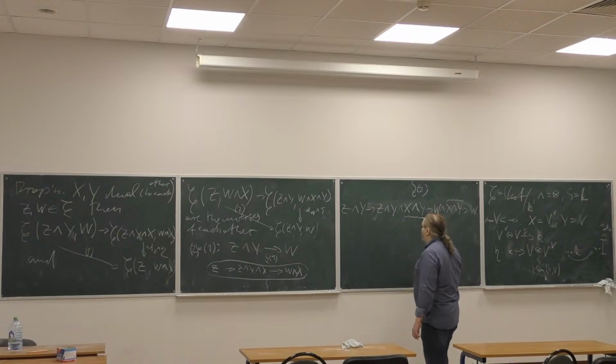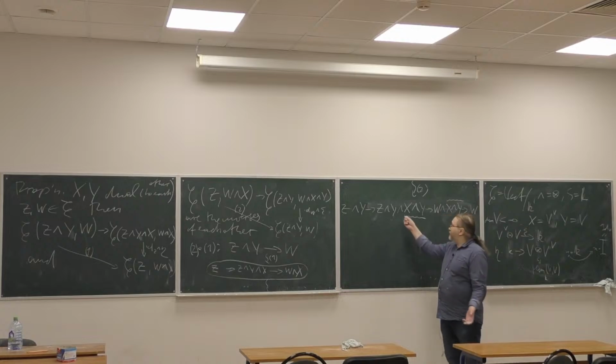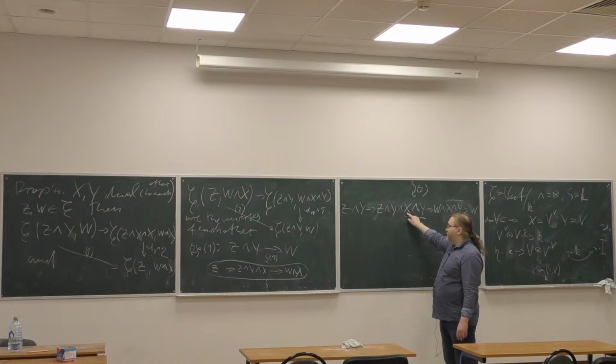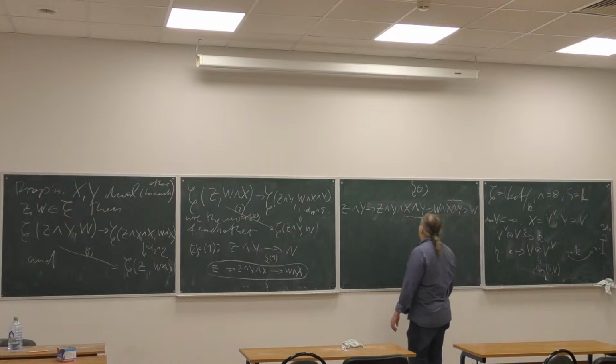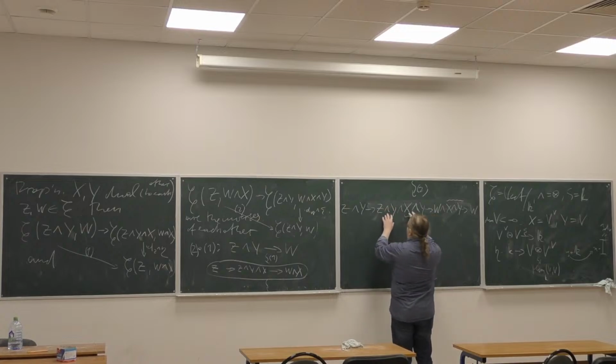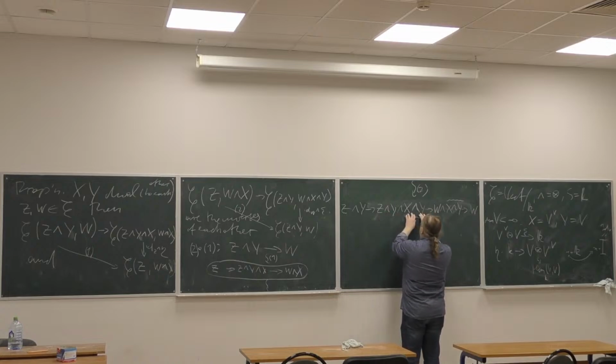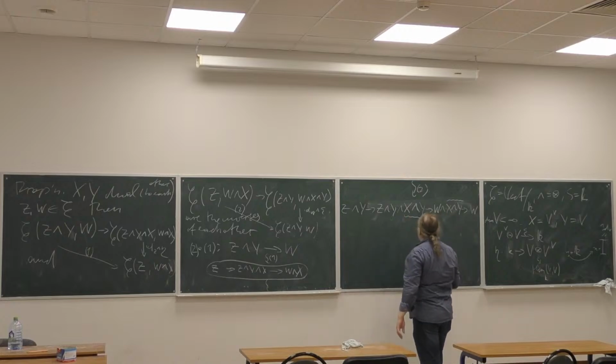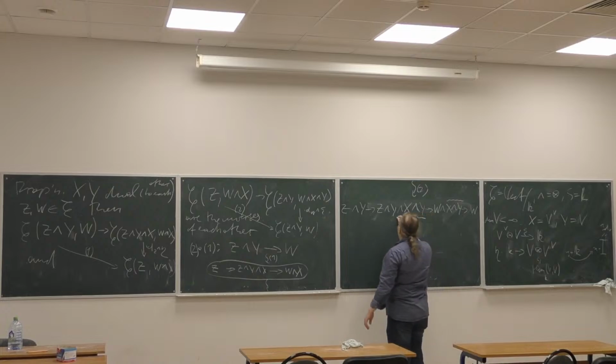Well, I can do one of two things. Starting from this place, I can wedge my given map from x wedge y to W with x wedge y, and then collapse x wedge y, or I can do it the other way around.